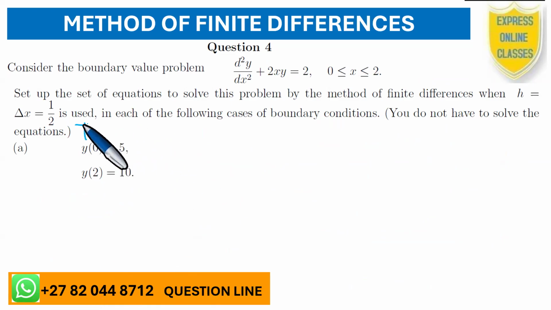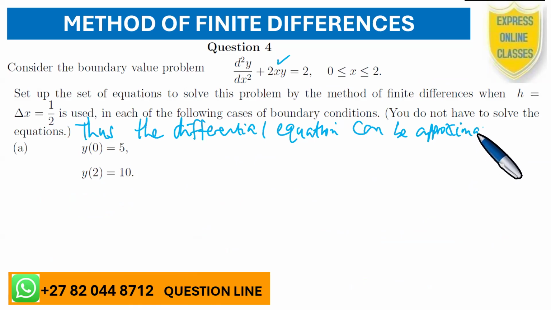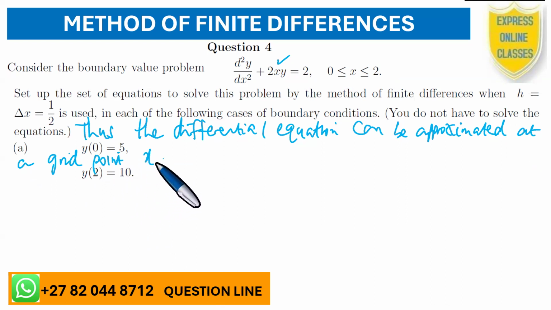Because of this, we proceed to say that this differential equation, which is what we are supposed to solve, can be approximated at a grid point xi by the difference equation.